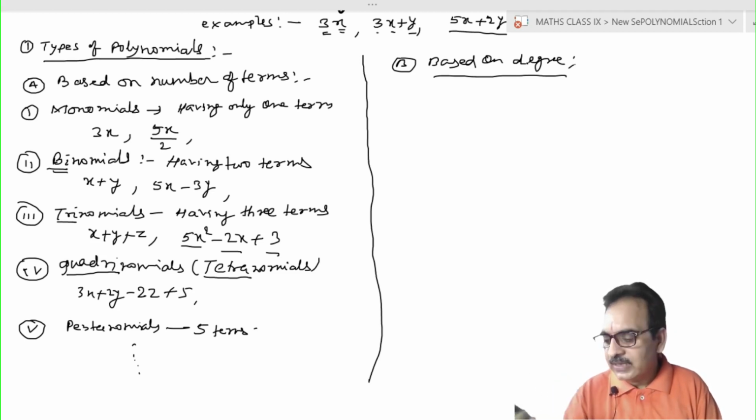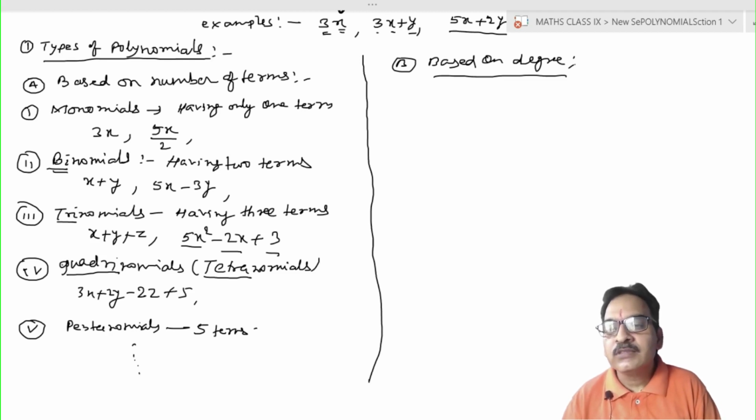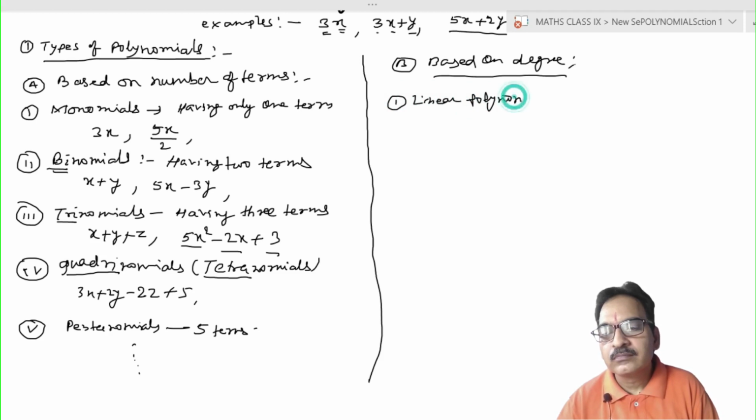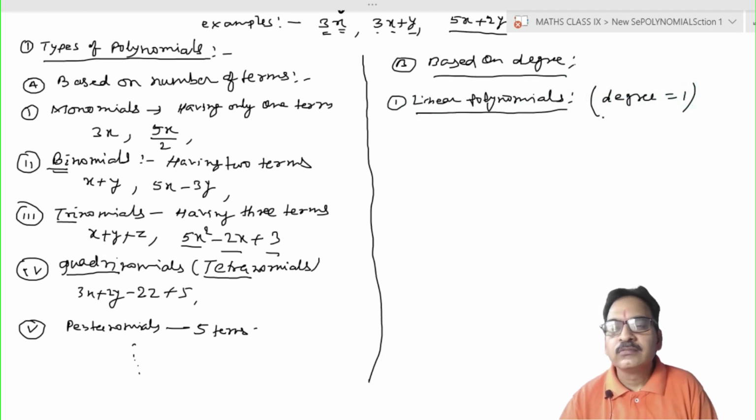Now, based on degree, the first type is the linear polynomial. Linear polynomials are those polynomials whose degree is 1.